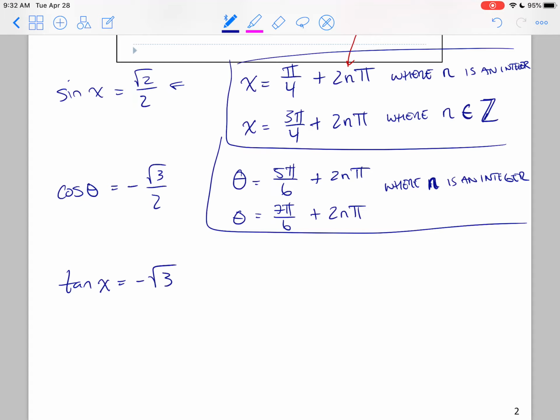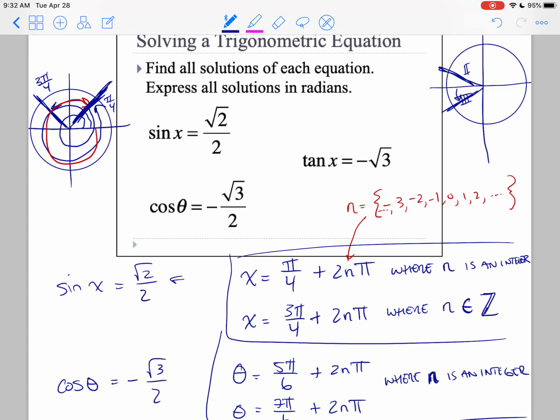So now let's figure out where tan of x is equal to negative root 3. If we think about tan being sine over cosine, or the y over the x, we want a root 3 over 2 over a 1/2. So that's when sine is root 3 over 2, and cosine is 1/2. So on this unit circle, we want it to be one of these taller angles. So that's going to be here, right? But we want it to be negative, so it's actually going to be in the second quadrant here.